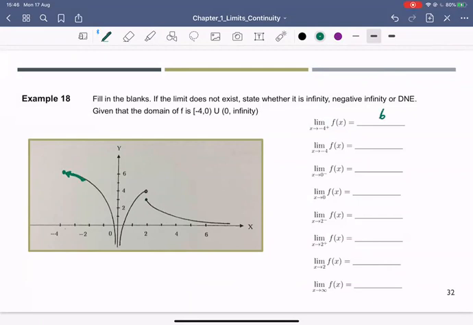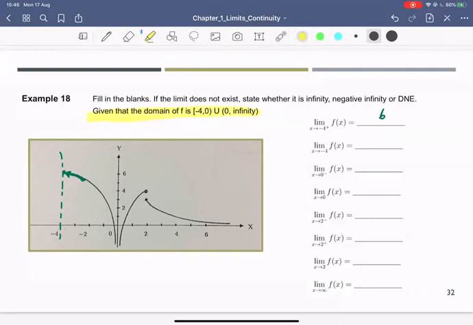Some of you are going to say does not exist because, hey, at x equal to negative 4, I don't have the left hand limit. Well, you don't have to think about the left hand side of negative 4 because the domain is negative 4 to 0, union 0 to infinity. So this is out of domain.